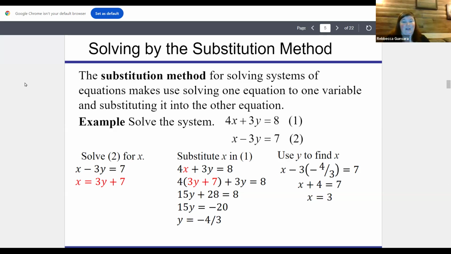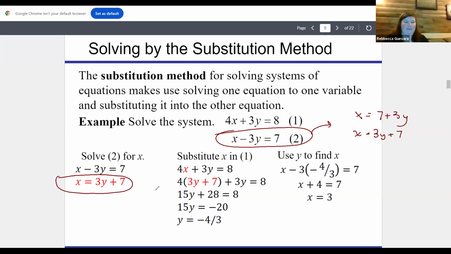We take the second one and solve it for x, so x equals 3y plus 7. Then we take the other equation, which has an x in it, and substitute this whole expression for that x.